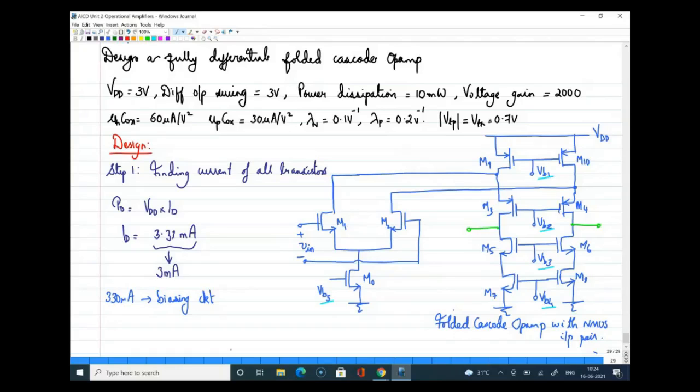So if you need to generate all these bias voltages, we know that the general method we use is current mirrors for biasing, or we go for constant current biasing. Now when I go for constant current biasing, the very basic circuit I use is a current mirror. So what is a current mirror? Current mirror is a circuit which, yeah, so this is your current mirror circuit. I'll draw it somewhere here.